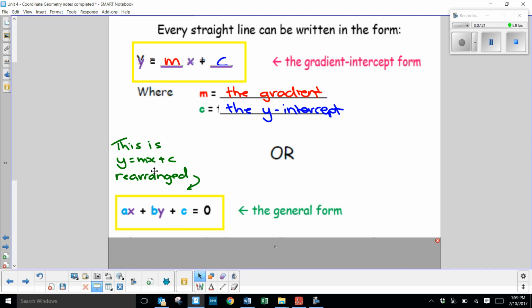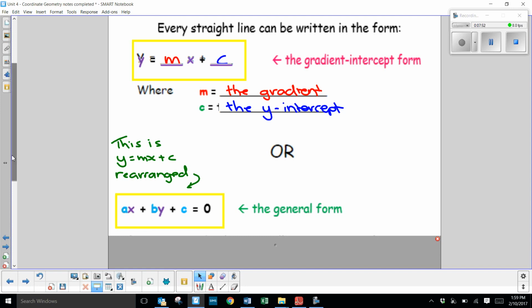What's important though, these numbers have to be whole numbers. So if you end up with fractions here, you need to multiply each term by a certain amount so that they become whole numbers. Basically, if you had the y here, if you subtracted over the mx and subtracted over the c, you would get this. And then you just need to multiply each term by something if they're not already whole numbers. But you'll see some examples of this later on.